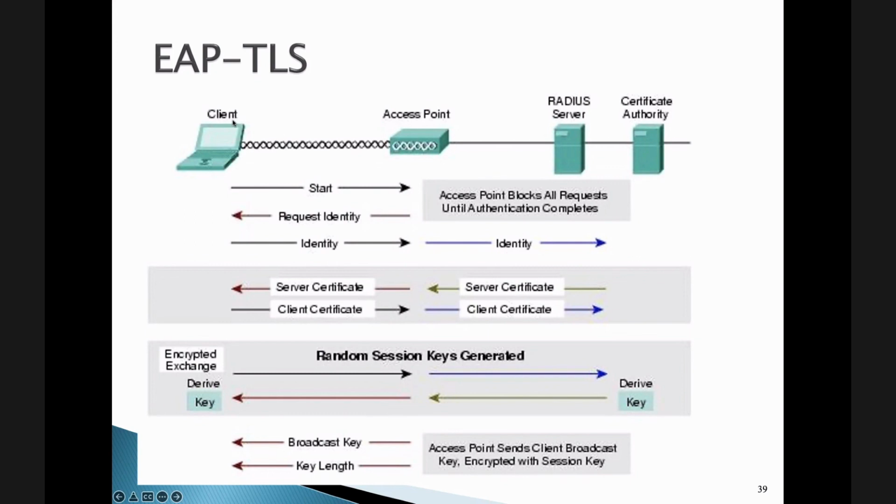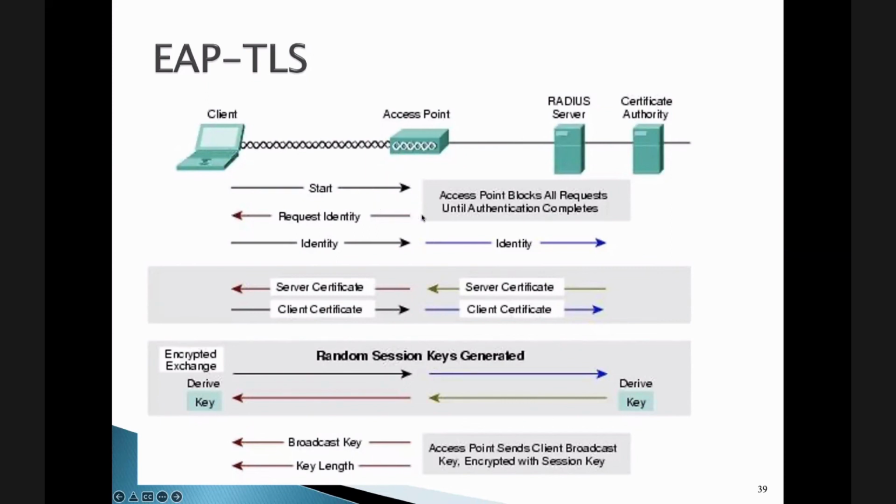In EAP-TLS, first, the client will send a request to the access point asking for authorization to join the network. At this point, the access point will block all other requests until authentication completes. This is for efficiency: you solve one problem first, to authenticate this person and let this person in.